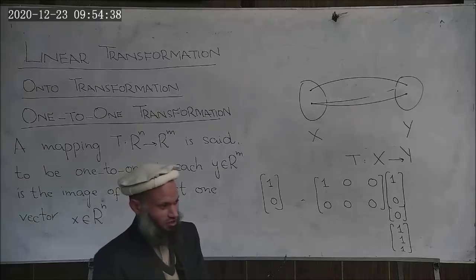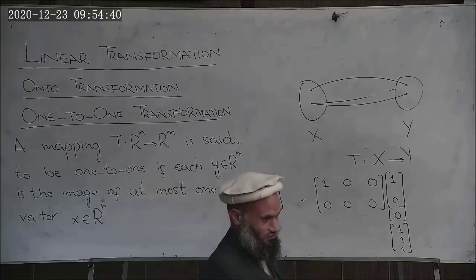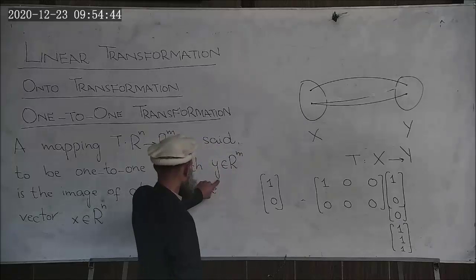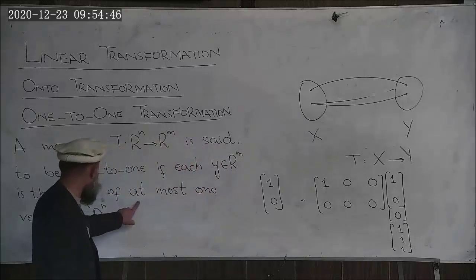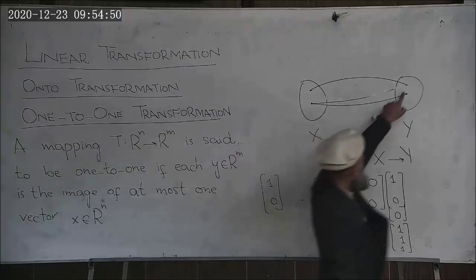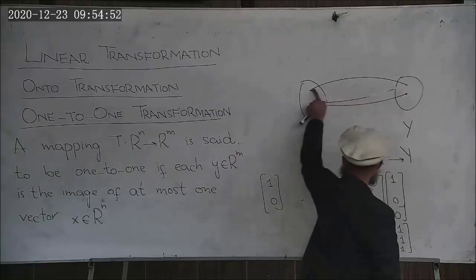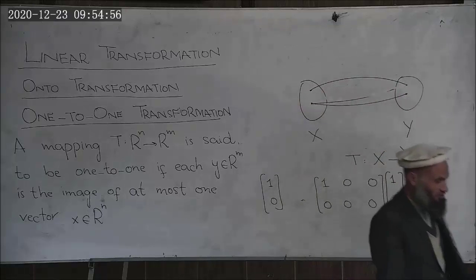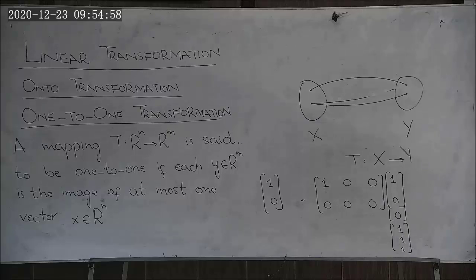This transformation will be called one-to-one if each y is an image of at most one vector in the vector space X. Then this transformation is called a one-to-one transformation, one-to-one mapping.